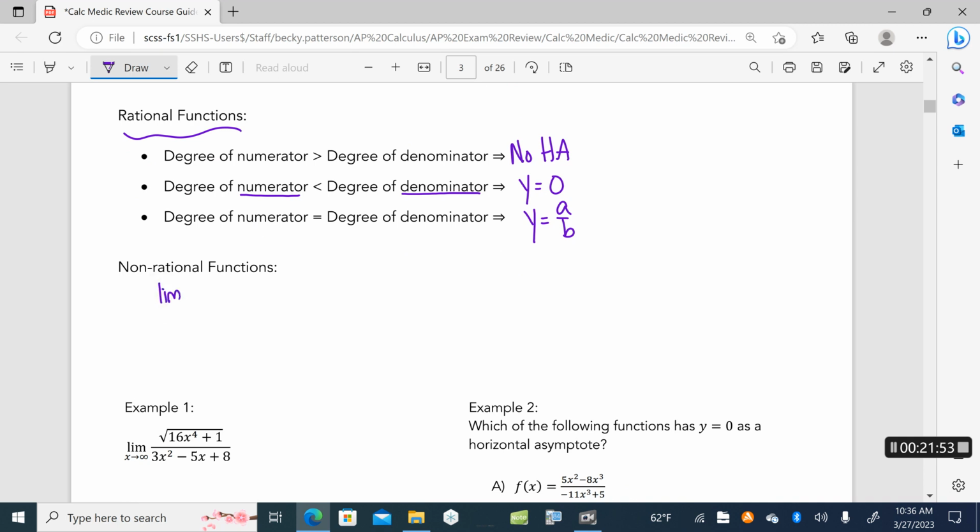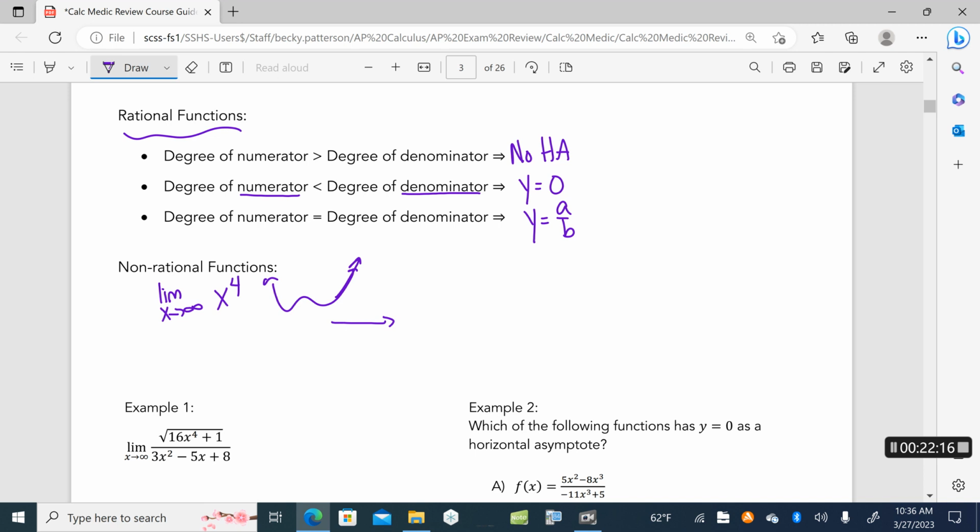If I ask you for the limit as x approaches infinity of x to the fourth, well, you know that function looks like this. And so as x heads to infinity, you can tell that there are no horizontal asymptotes, that this function is headed to infinity. It is not bounded.